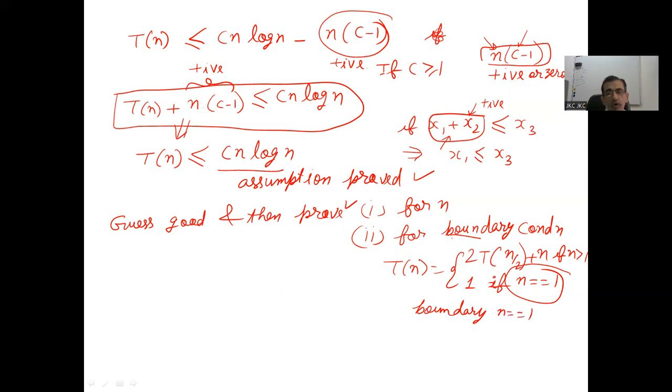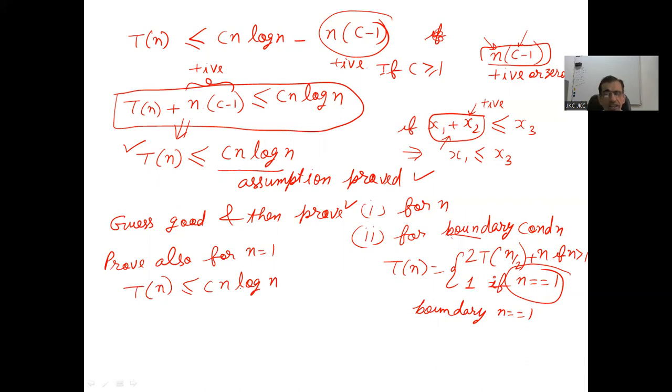So I have proved this for n. Let's prove it for n equal to 1 also. For example, I said T of n, now I have to prove it for n equal to 1. Then I will say T of n be assumed to be C of n log n. In general, this is assumed.